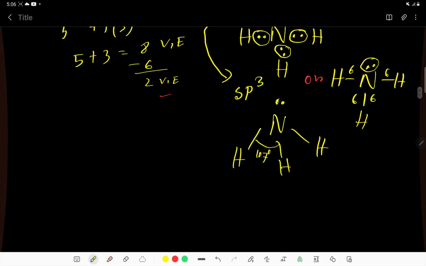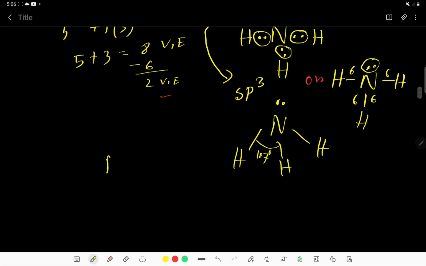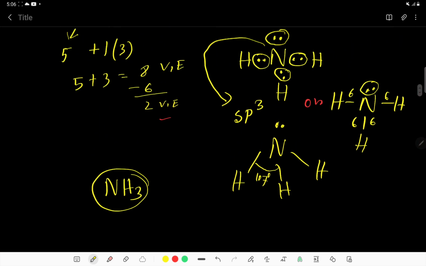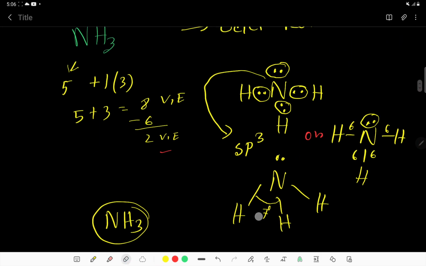So now I am going to tell you whether NH3 is polar or non-polar, right? You know that in ammonia every bond is polar because the electronegativity of nitrogen is more than hydrogen. The difference between the electronegativity of nitrogen and hydrogen is greater than 0.5.